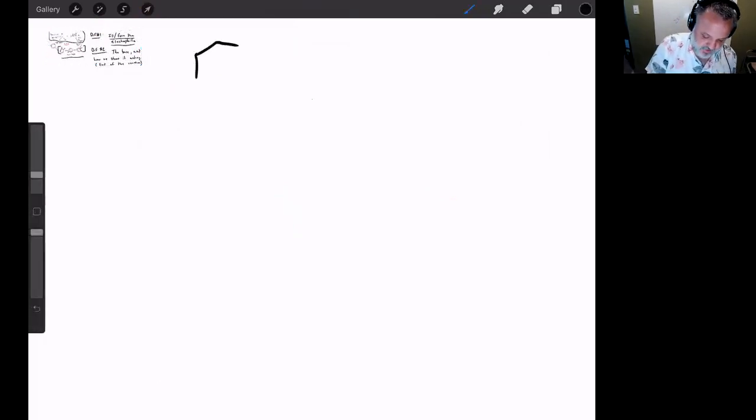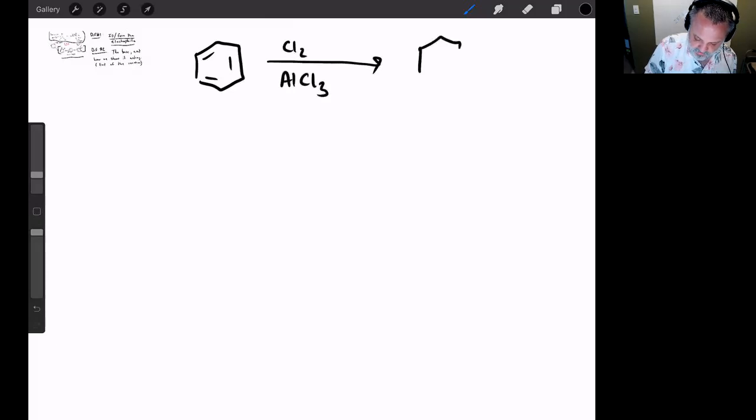So here's the reaction. If I were to just put it on a reaction board, it would look like this. Cl2 reacts with AlCl3 and it installs a chlorine on a benzene ring. So almost exactly analogous to the bromination mechanism.